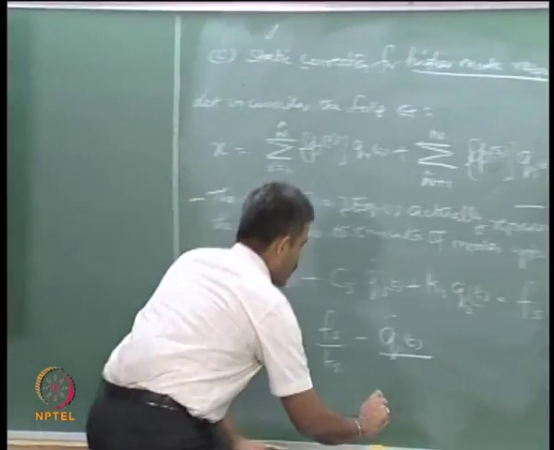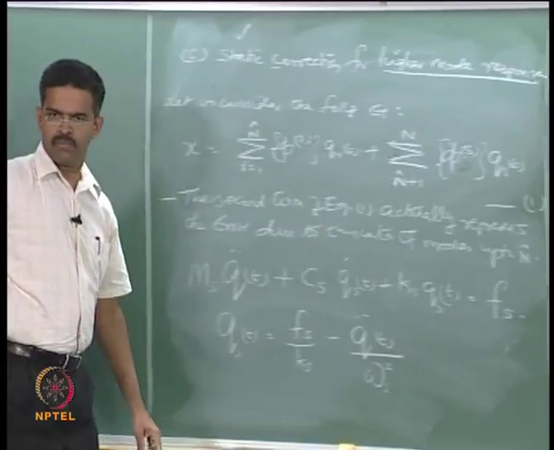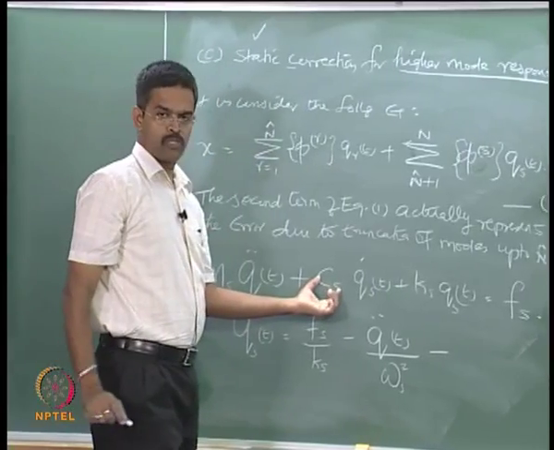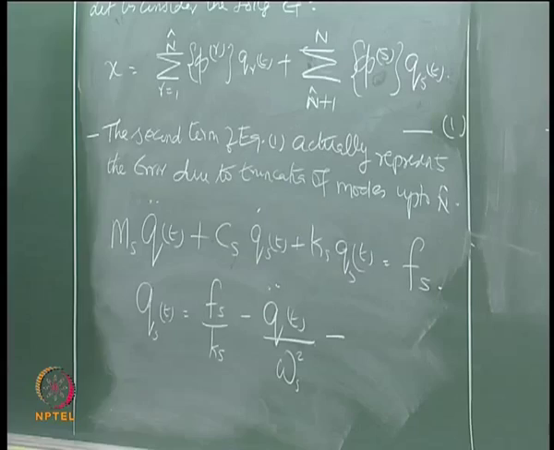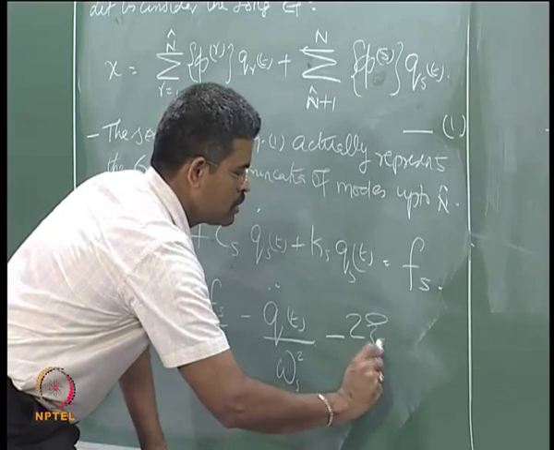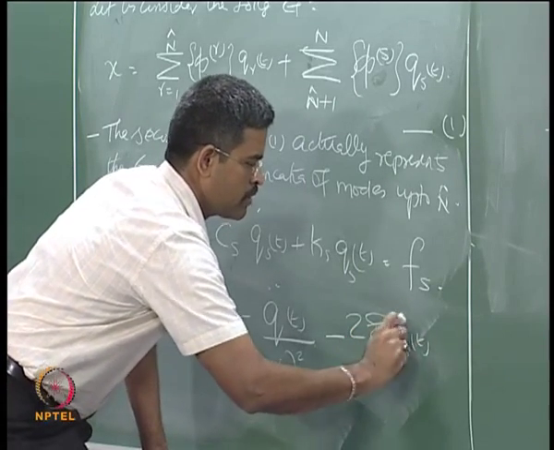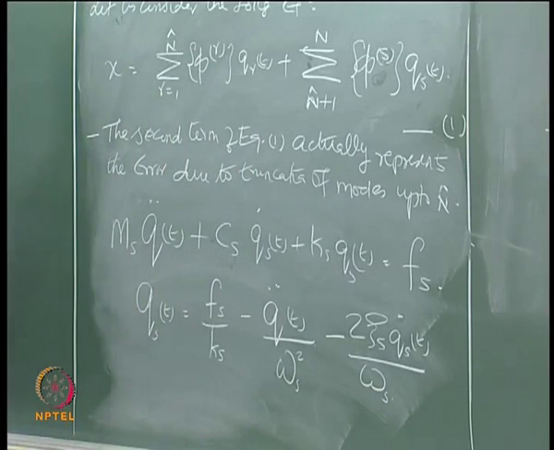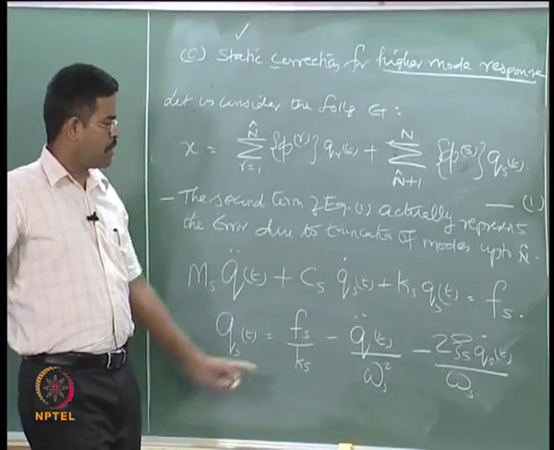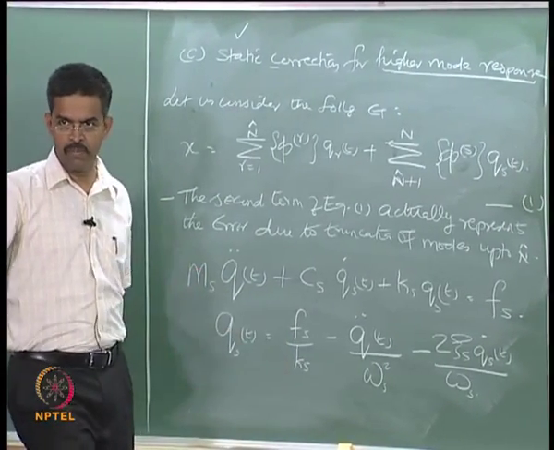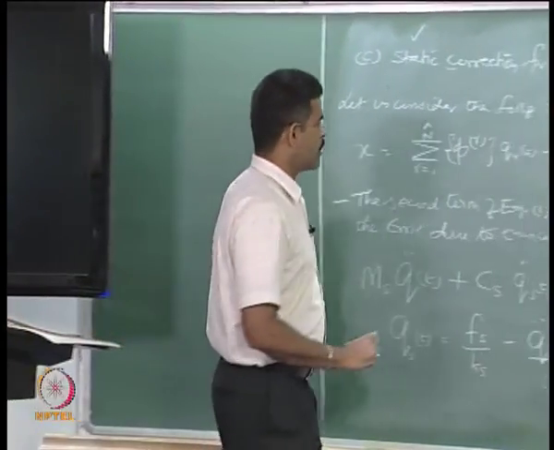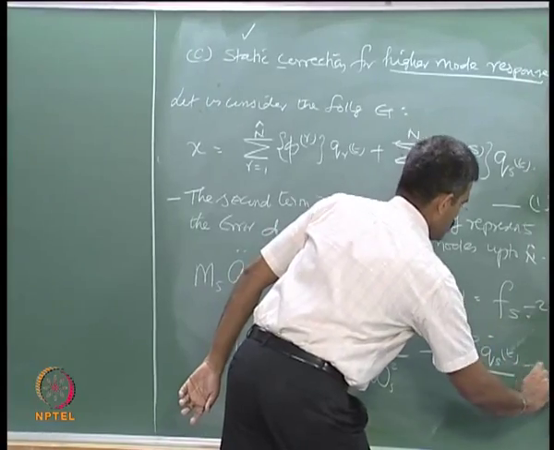I will get omega s square, minus, c is of course proportional damping, put to critical, I can say 2 zeta s q dot s of t by omega s. Is that okay? Because this is 2 zeta omega n, k by m will have omega square, I get omega n at the bottom here. I call this equation number 2 and 2a.